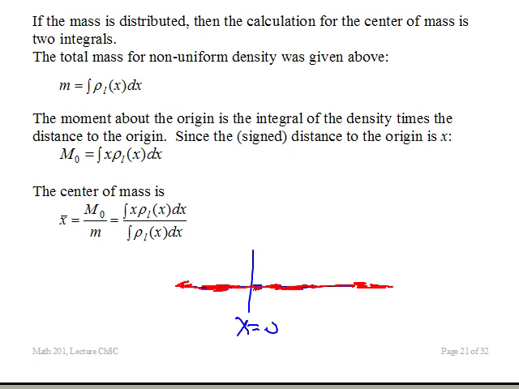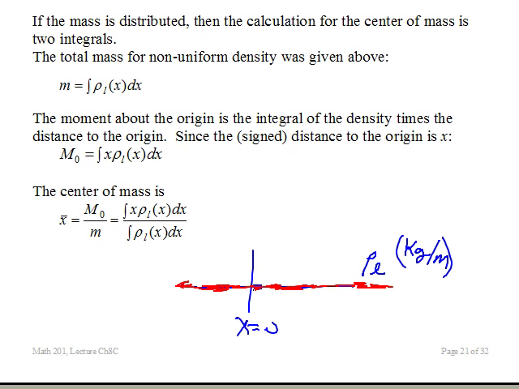Now what are you going to do? You have to calculate the mass all along this region. The density is required, and the density is given as a linear density. This is a one-dimensional problem, and it will be given as kilograms per meter.